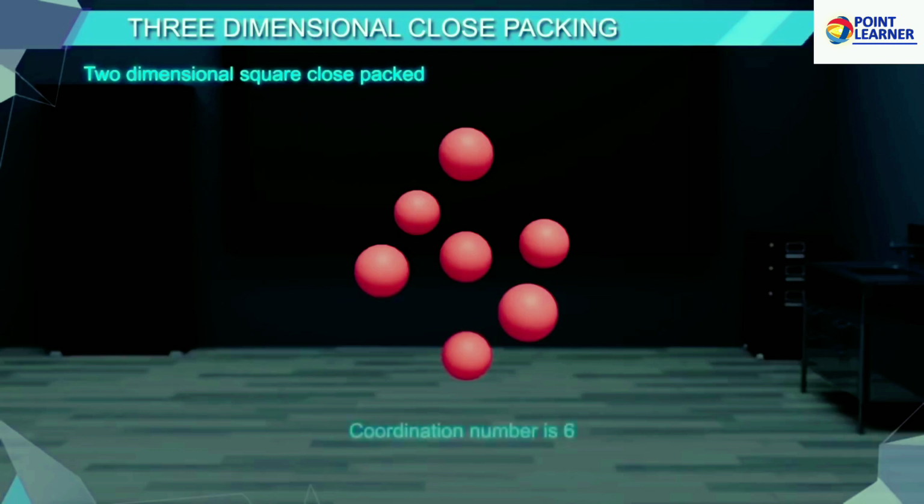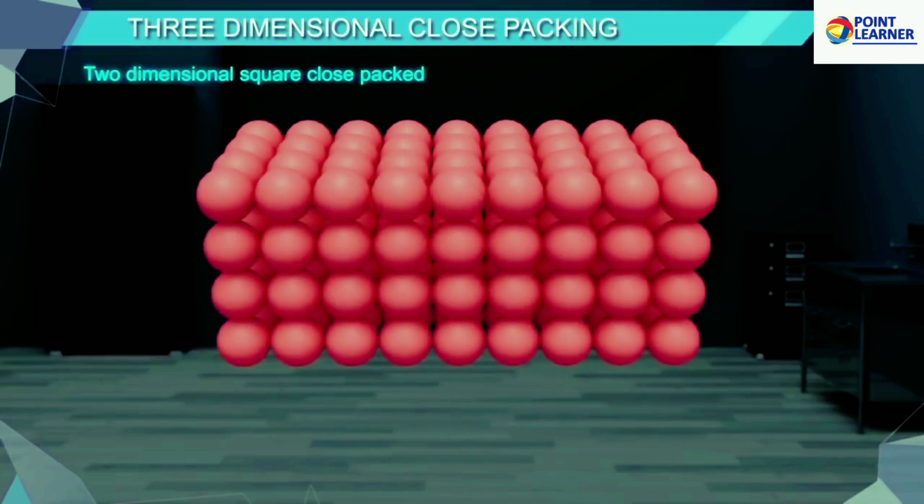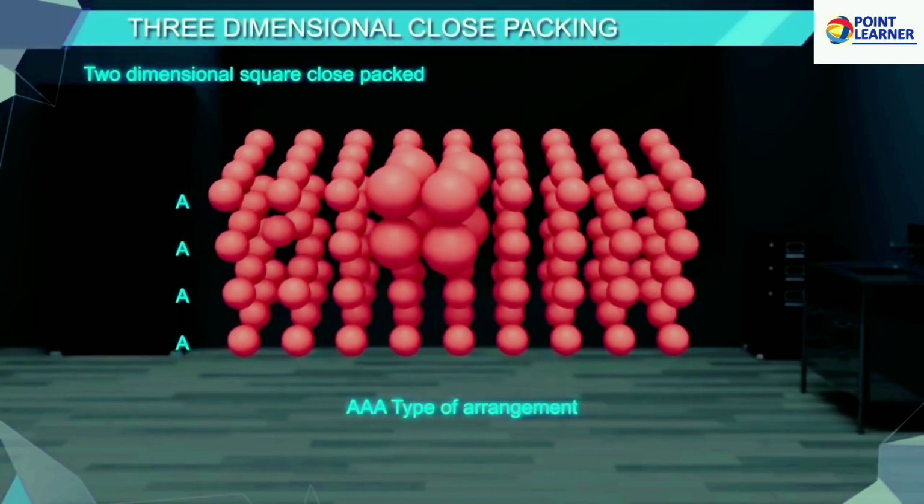So, the coordination number is 6. If we call the first layer as A-type, and since all the layers are also of the same type, this kind of arrangement is known as AAA type of arrangement.